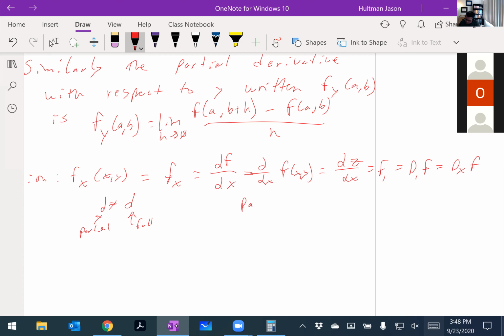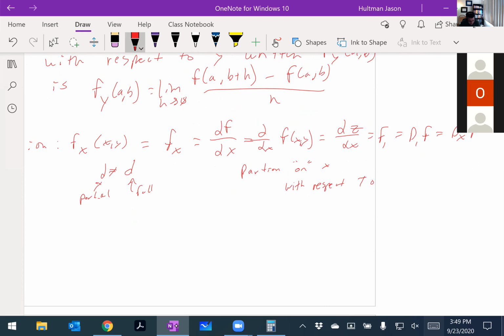This is your partial on x, and the on just means with respect to. It's just an easier way to say with respect to. Instead of saying with respect to every time, we just say the partial on x. It's df on dx, partial of f on x, with respect to x.